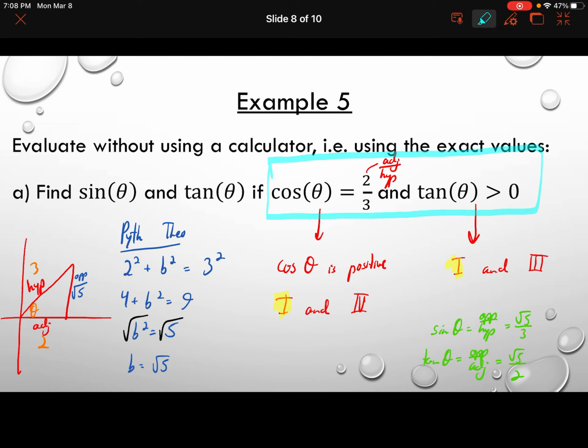In this case, none of our sides are negative because we're in the first quadrant, where everything's positive. But if you're in quadrant 2, for example, the adjacent side would be negative, because the adjacent side would be your x value, and so on and so forth.